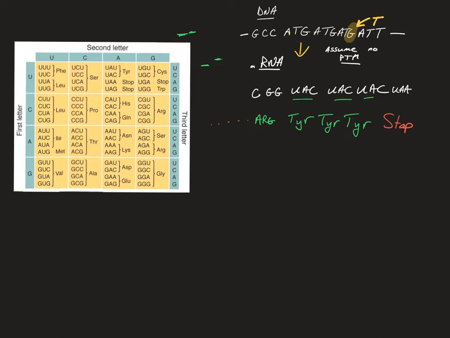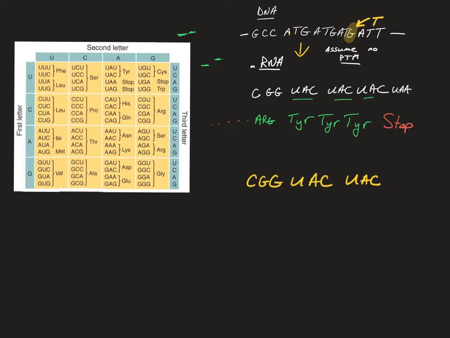What do you get? You'll get a stop, that's right. But let's go ahead and do it. The new mutated version, and I'll write it in yellow, would be CGG again. That doesn't change. UAC, right? UAC. But now the last one is not UAC.